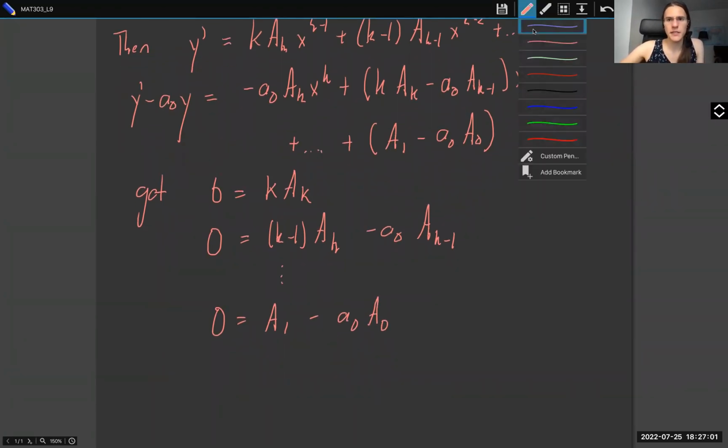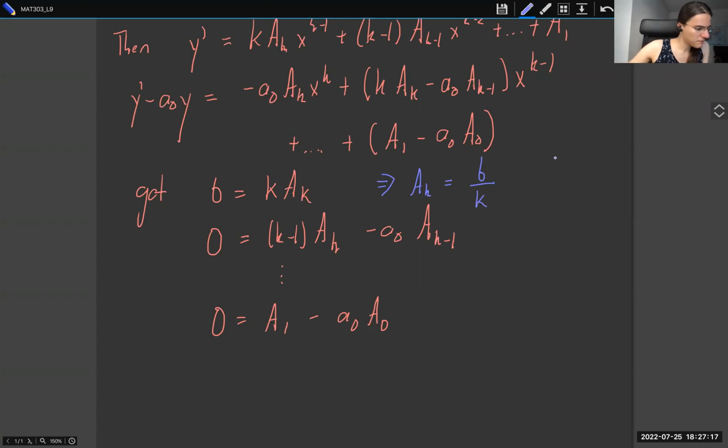So what this tells me is that a sub k is equal to b divided by k. Sorry, there's a mistake. That's not what the leading coefficient is. The leading coefficient is minus a naught.